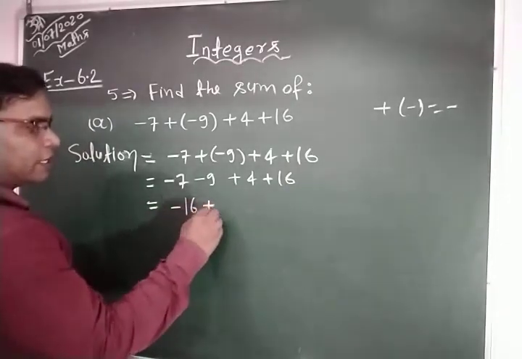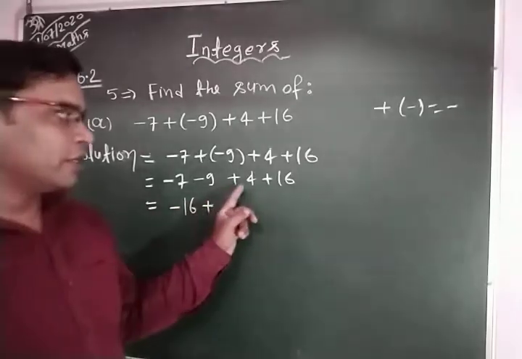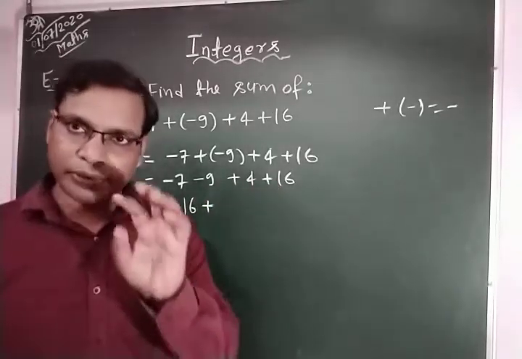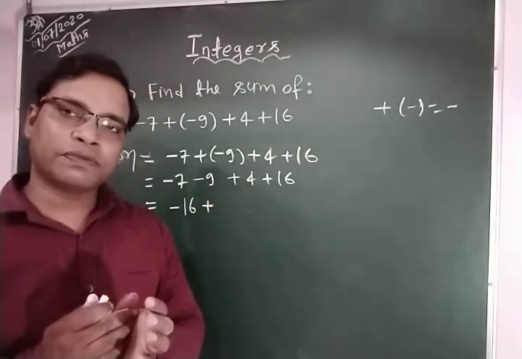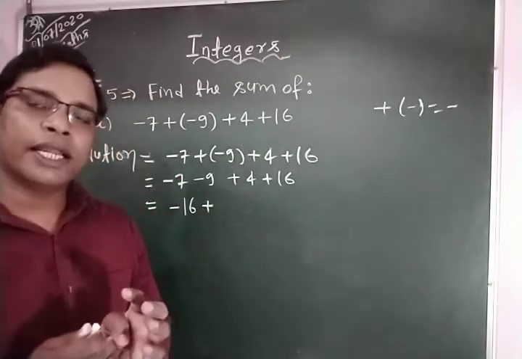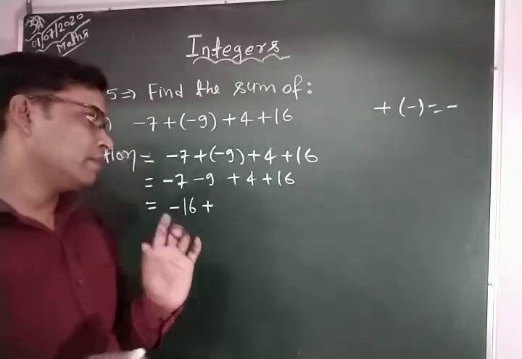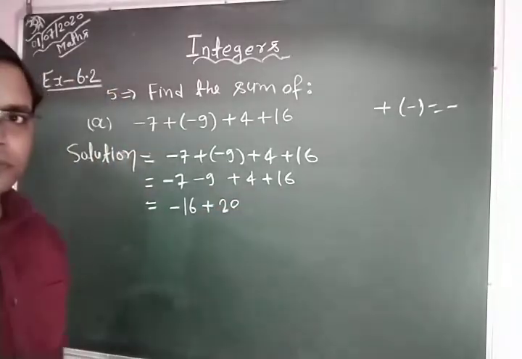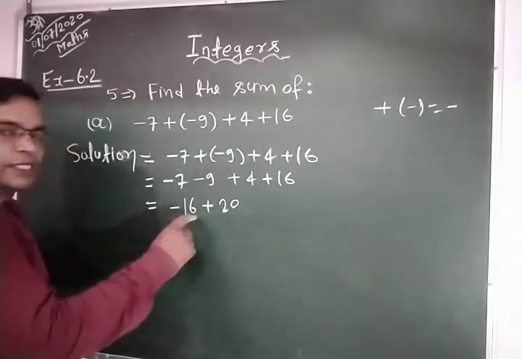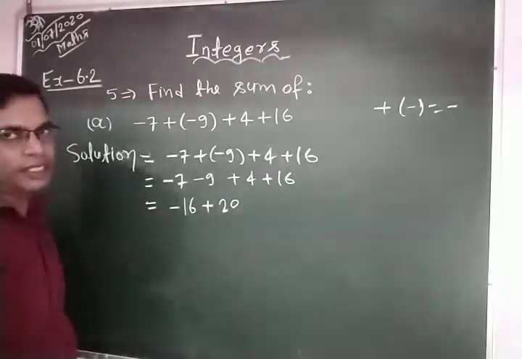After this, here you can see plus 4 plus 16, both have the same sign plus, so we also add them. 16 plus 4 is 20, and we write the same sign plus. So here 20, and here we have minus 16 plus 20.